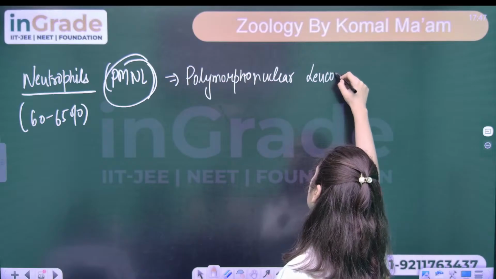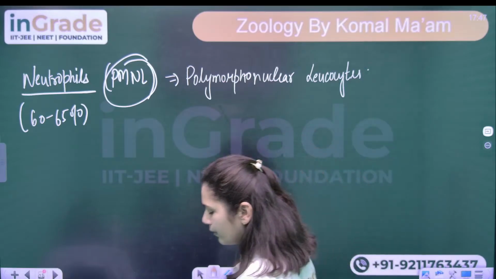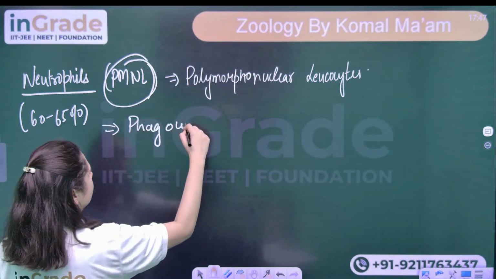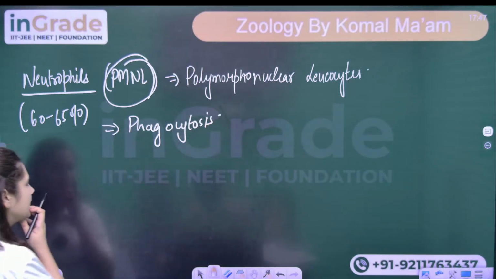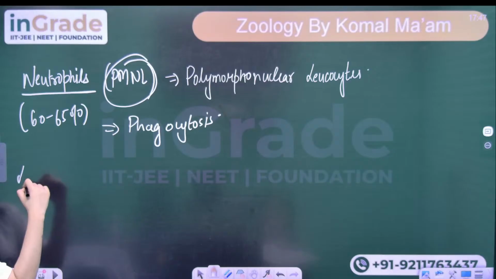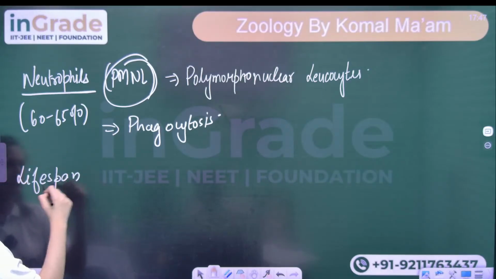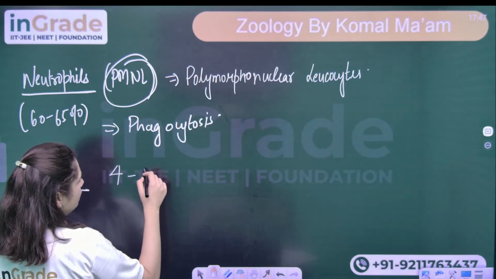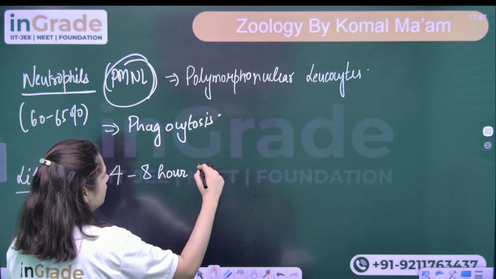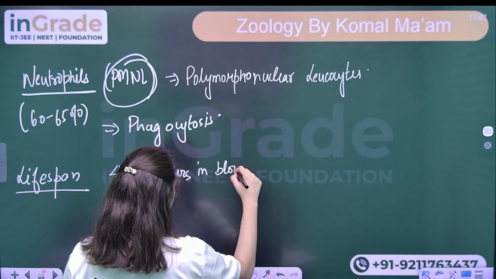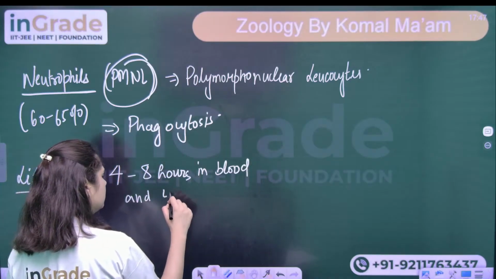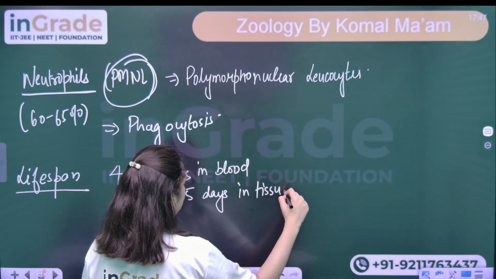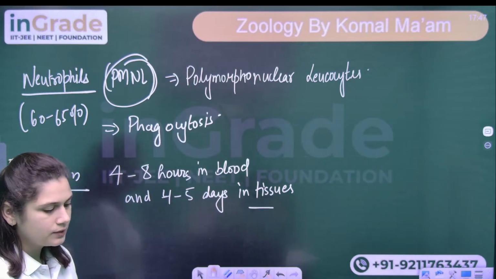That means they do not have a fixed shape. They are also responsible for phagocytosis. If we talk about lifespan, they have 4 to 8 hours in blood and 4 to 5 days in tissues. Okay, so that's it.